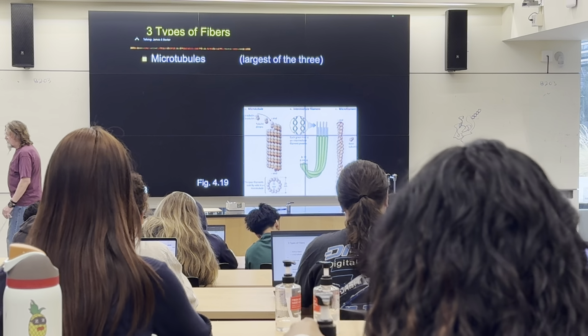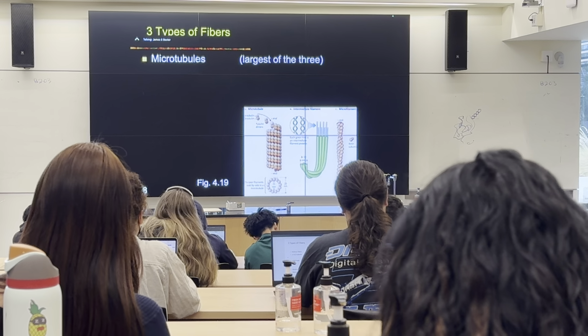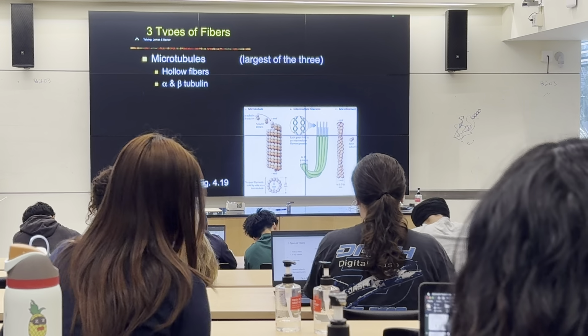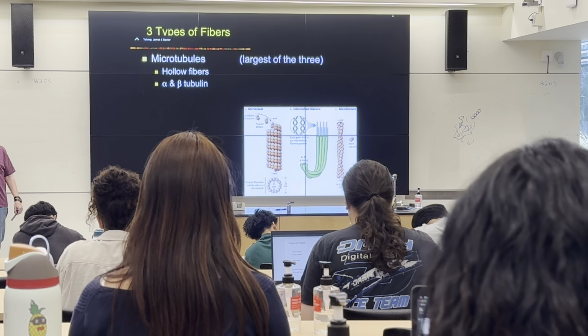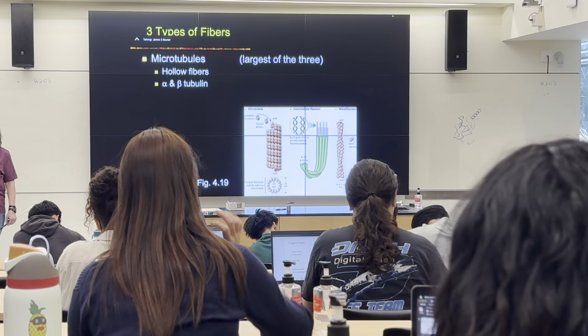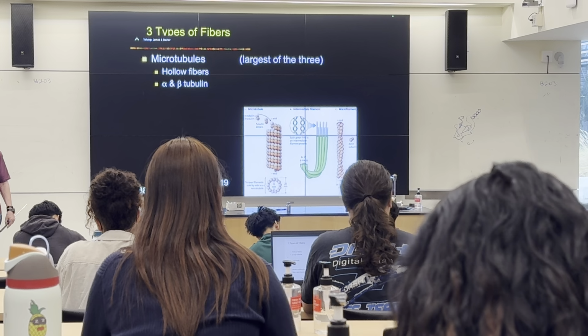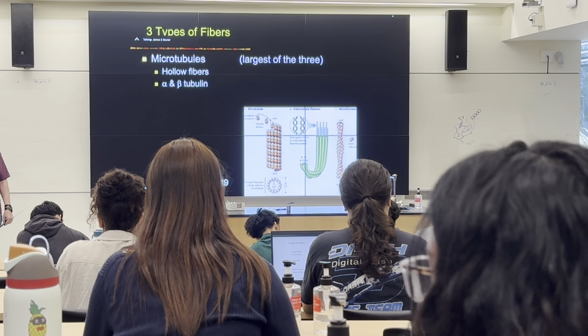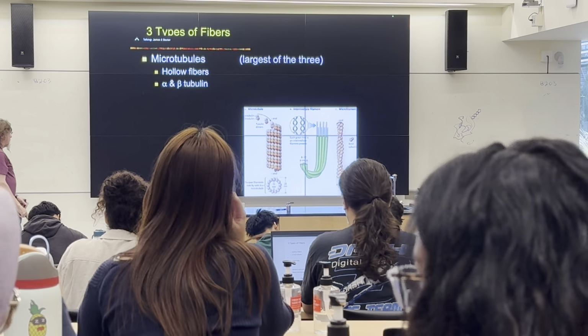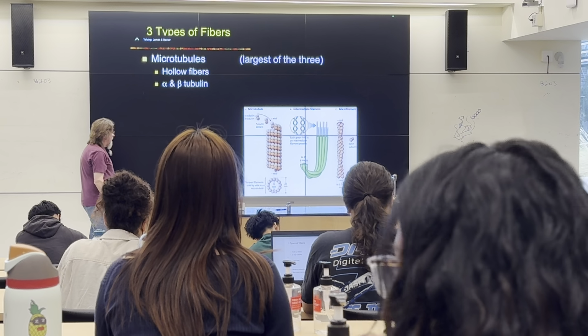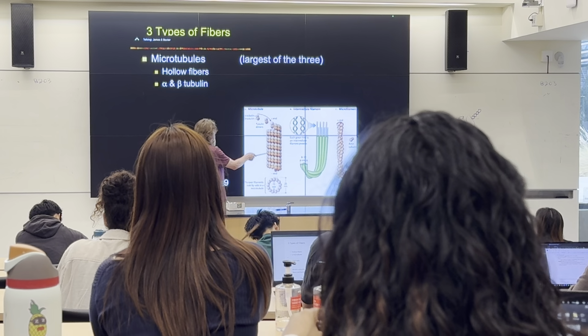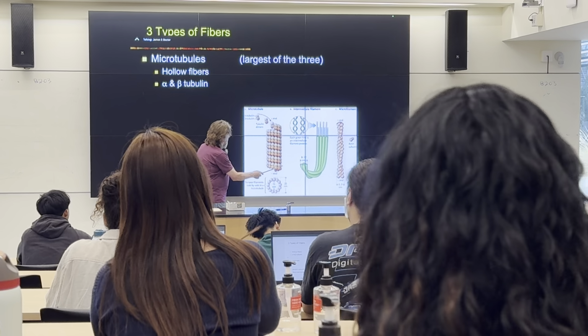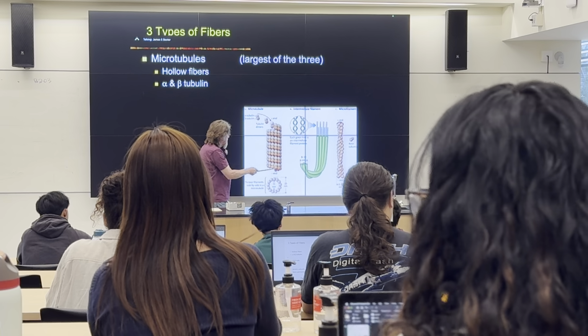And these are hollow fibers made up of two different proteins that are globular. When I say globular, it means that the tertiary structure of these proteins is somewhat round, okay? And this is alpha, beta, tubulin. And these will form, so this is a hollow fiber, and we have 13 filaments, okay?